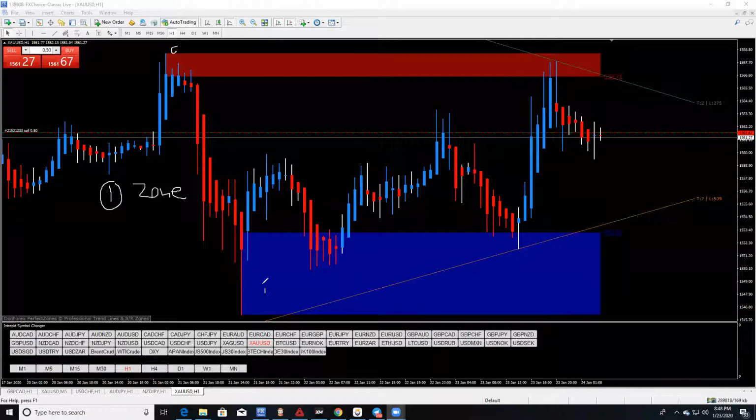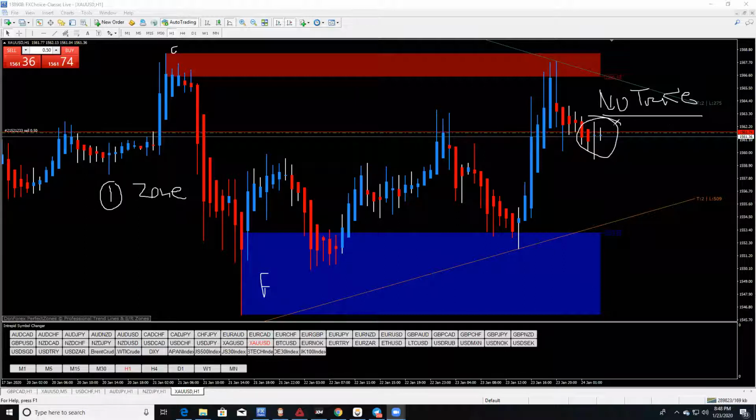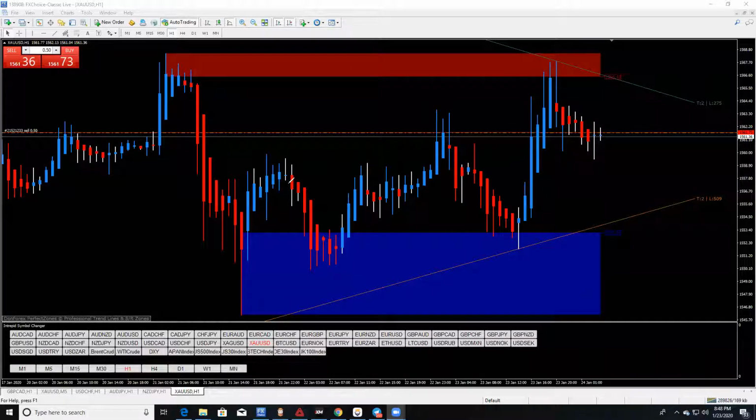Is price on the floor? If it's in the middle, you have no trade. Stop it. There's no trade in the middle. First thing we're going to do is go look for the what? Zones.